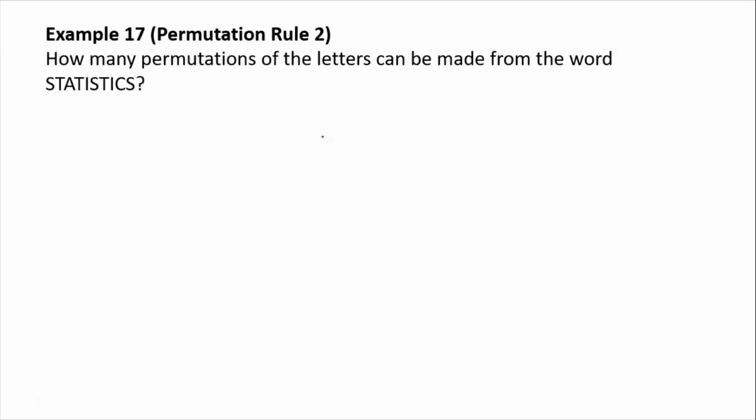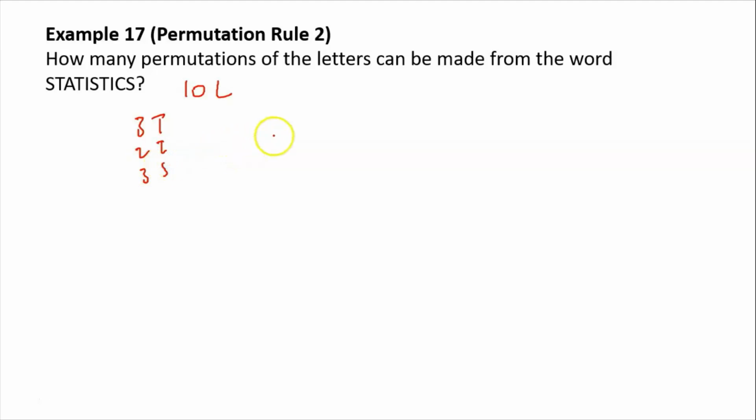The next one is how many permutations of the letters can be made from the word statistics. So we need to count how many letters from this word first. So we have 10 letters, and then we need to consider which letters are repetitive. So we have 3 T's, and then 2 I's, and then 3 S's.